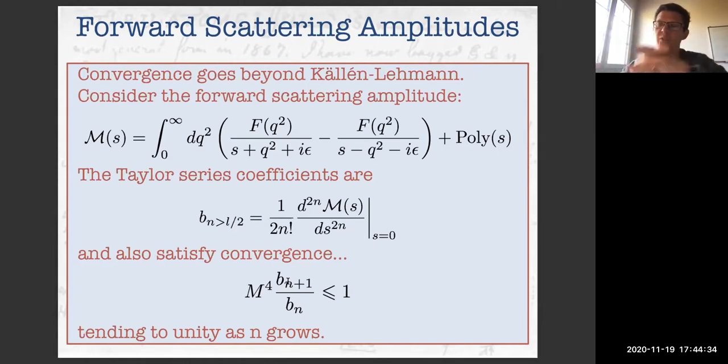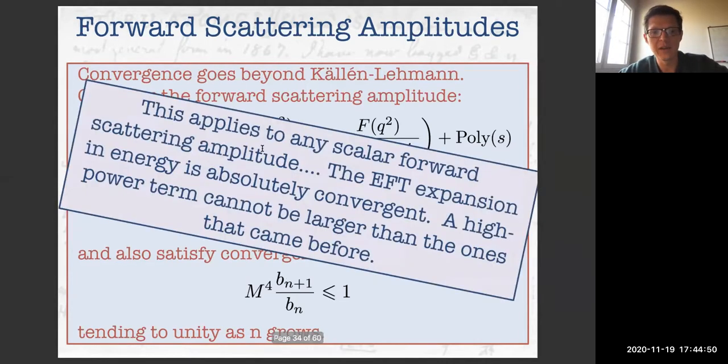You can't have amplitudes where the momentum dependence only turns on at 20th order or something like this. Quantum field theory requires you would have 18th order and 16th order and things like this before that. So this is also a very useful and powerful thing, and it applies to any scalar forward scattering amplitude.